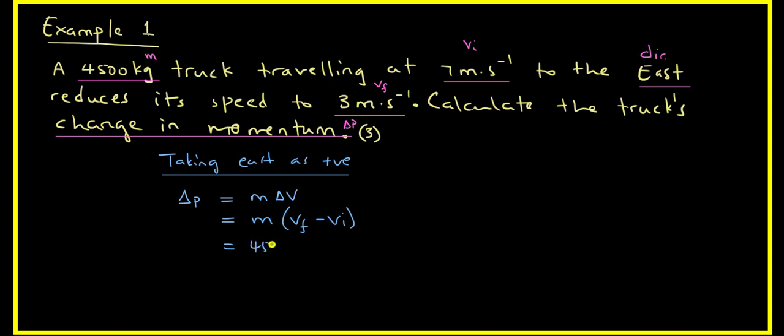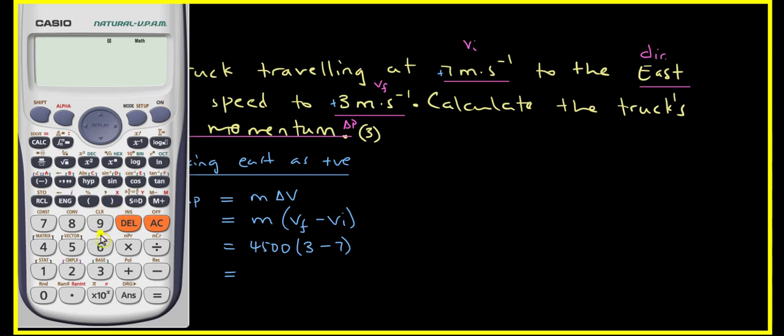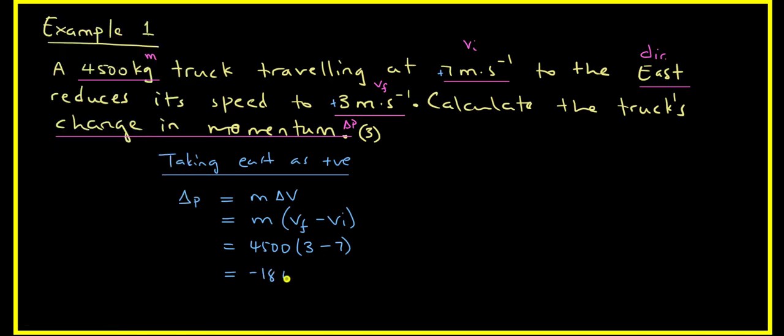So I substitute 4,500 multiplied by the final velocity. Since I took east as positive, this velocity is positive, and this one is also positive since it's to the east. But this is my final, so I'll say 3 minus 7. Let's do the math: 4,500 multiplied by 3 minus 7. I should get negative 18,000 kg·m/s.